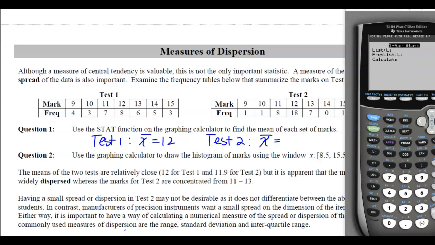We're leaving L1 the same because it is the same in both tests. But now our frequency for test 2 is in L3. So second 3. Now enter on that. And you get 11, if we round to the nearest tenth, 11.9. Okay, very close to the same mean.